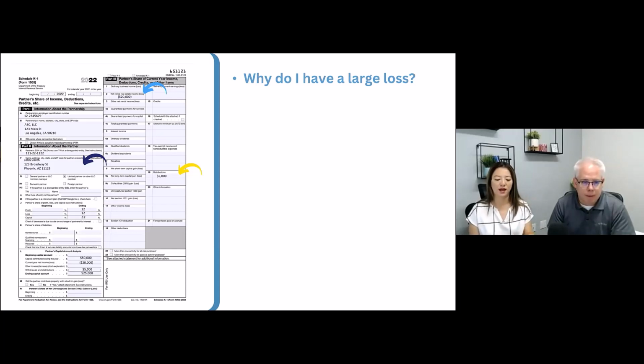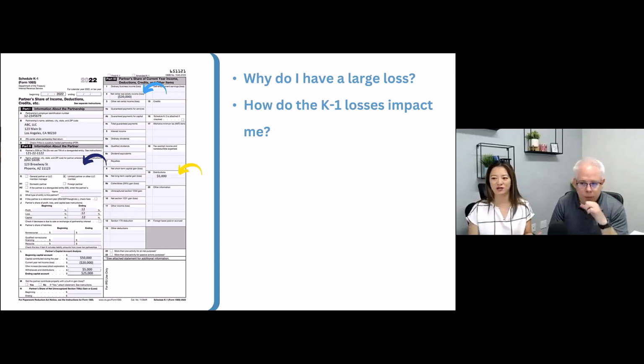Okay, and then I think our next question is, how do the K1 losses impact me as a real estate investor? So now you've got this K1, there's $20,000 of losses. What can I use it to offset? The answer to that question is going to differ depending on every investor's unique situation.